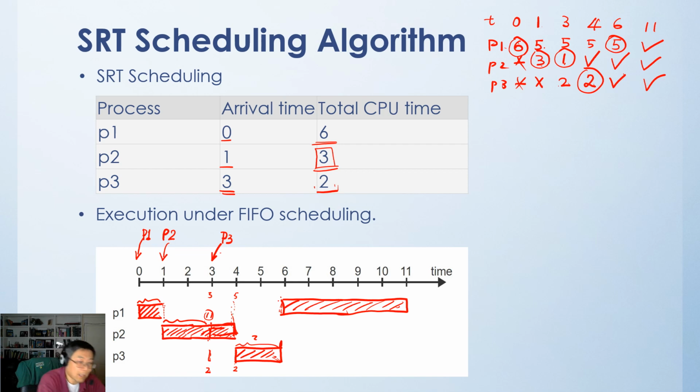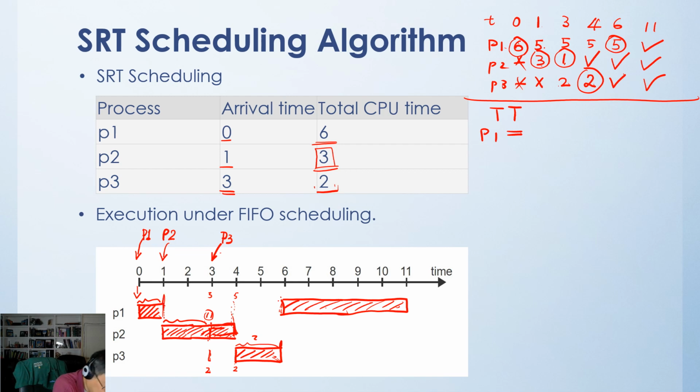So now let's take a look at the performance. Again, let's talk about the turnaround time for P1. So P1 arrives at the time 0. Now remember, P1 has two blocks. It's split, right? There's the first part and the second part. So P1 arrives at time 0 and was kicked out at time 1.